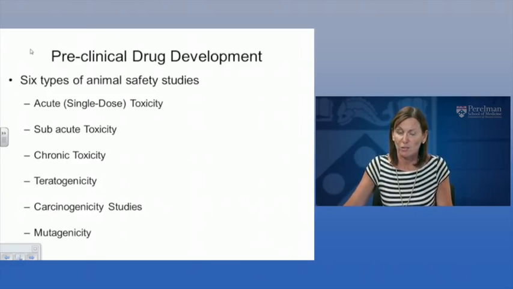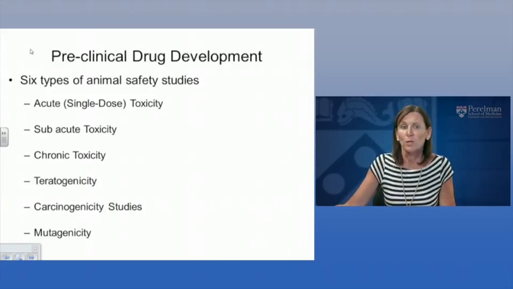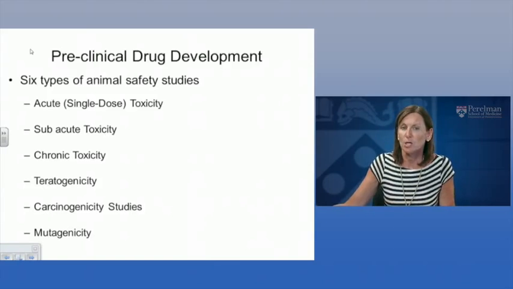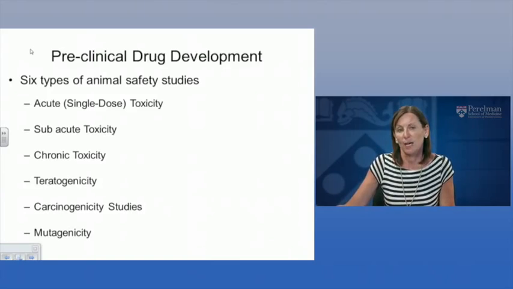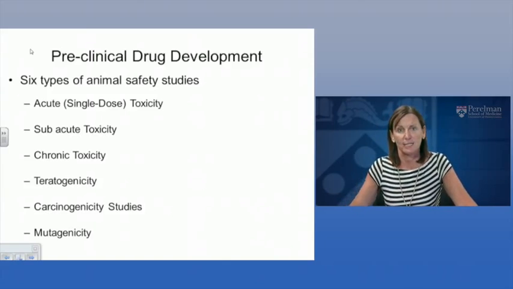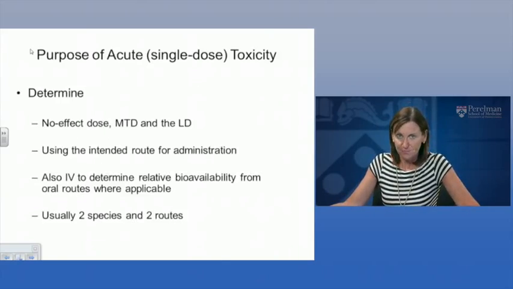These include teratogenicity, the potential impact of the drug in the event that the person taking the medication becomes pregnant, or that the partner of the patient who is taking the drug becomes pregnant. Carcinogenicity studies, particularly important if the drug is considered for longer term use, and mutagenicity studies. So we will go through some of these in more detail.